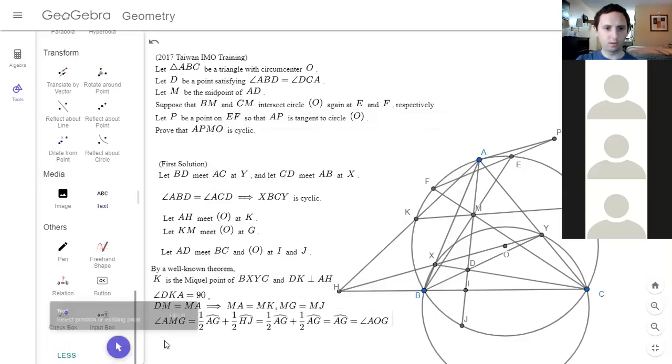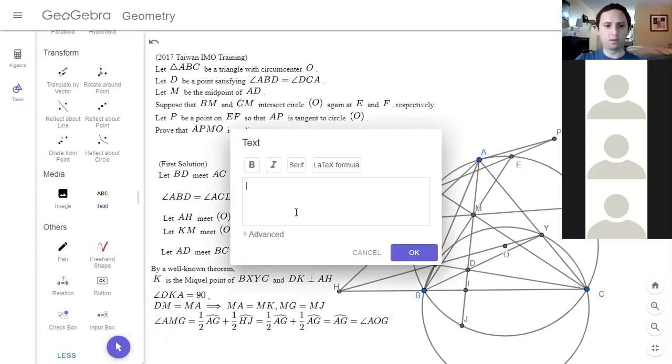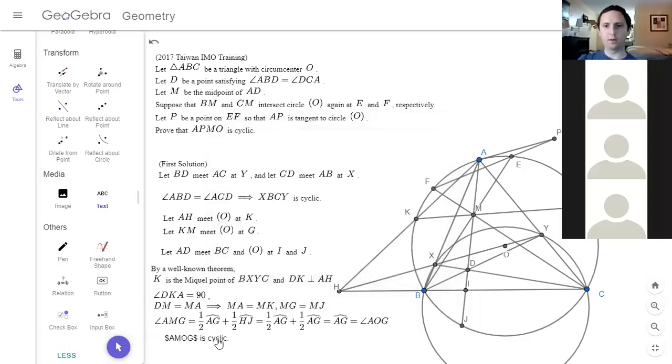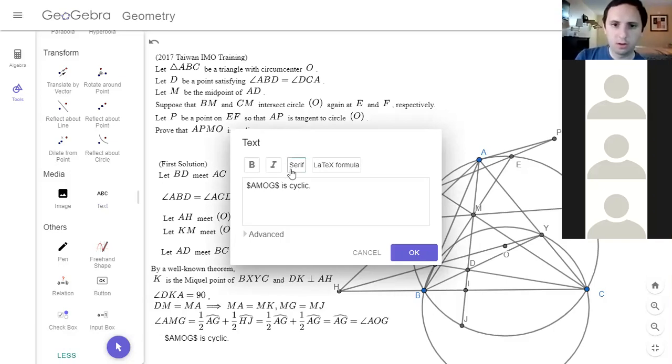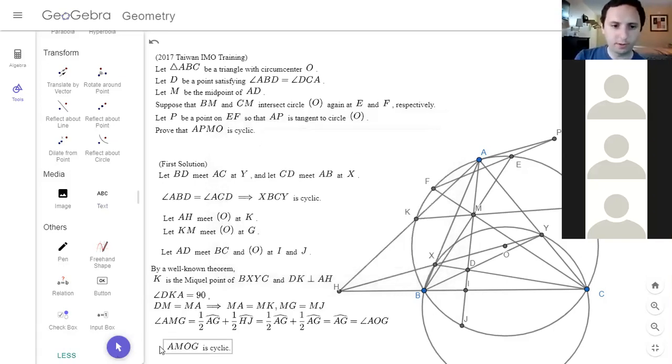Now we claim that AEGF should be harmonic. What was the next step? Something's harmonic.